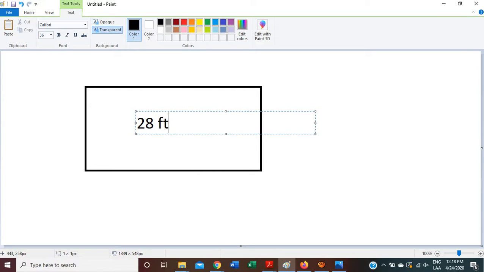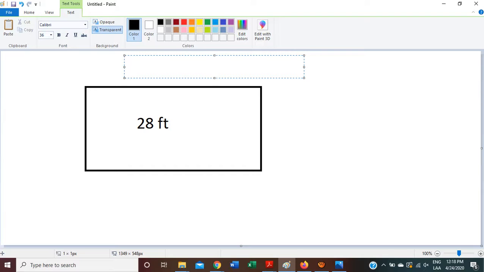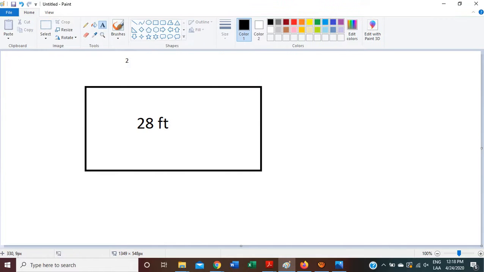Okay, so let's do another smaller number, more or less like that. All right, so this is the area.